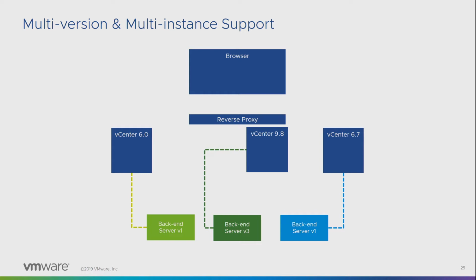With each vCenter, we have a backend appliance. And now, with local plugins, how would this work? There can be only one plugin deployed in the client. So we would just pick the latest one because it has a chance to talk all these APIs to all these backends and vCenters.